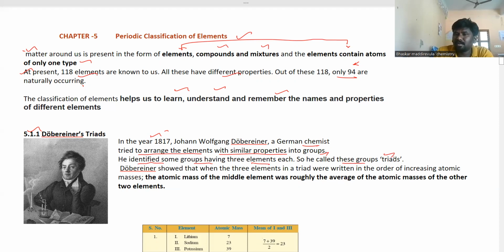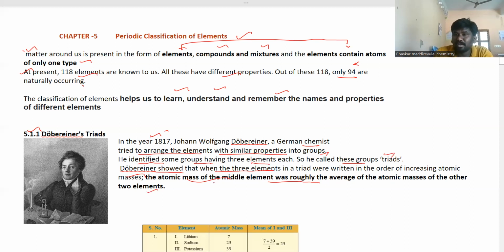So what do we mean by triad? A triad is a group of 3 elements. Okay. Next, he showed that when the 3 elements in a triad were written in increasing order of atomic masses, the atomic mass of the middle element was roughly equal to the average of the atomic masses of the other 2 elements.